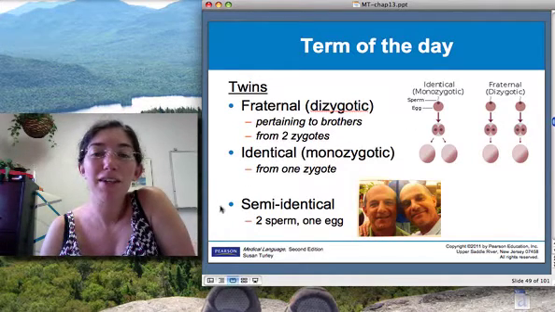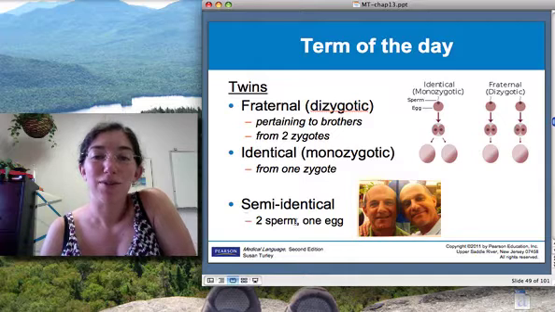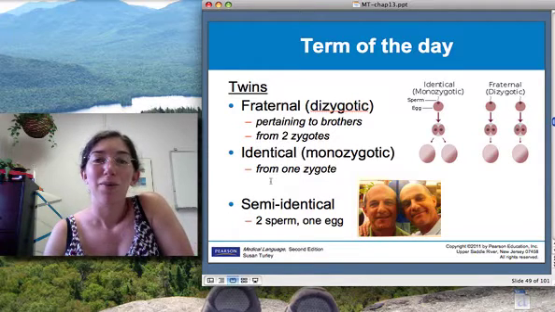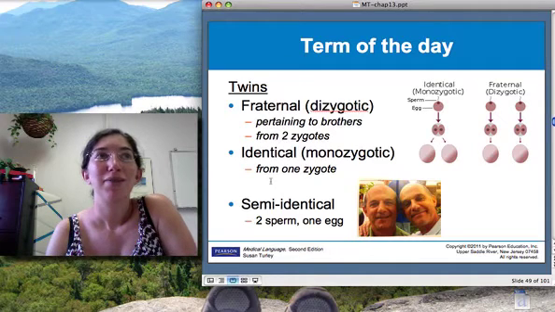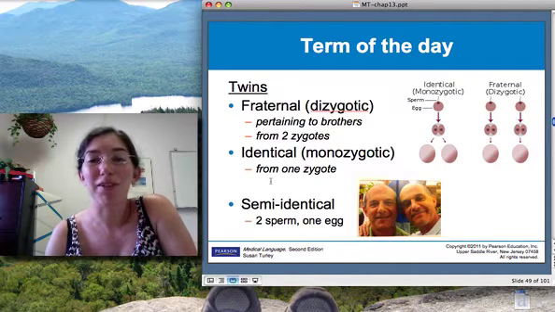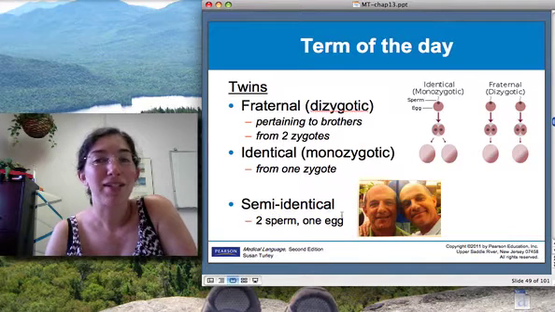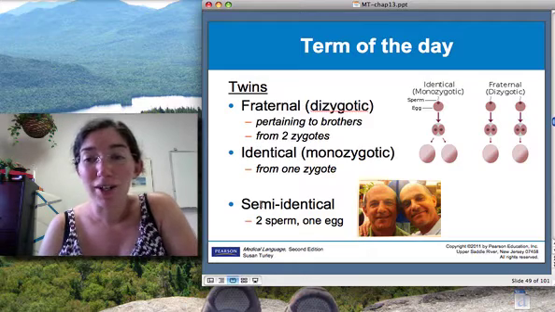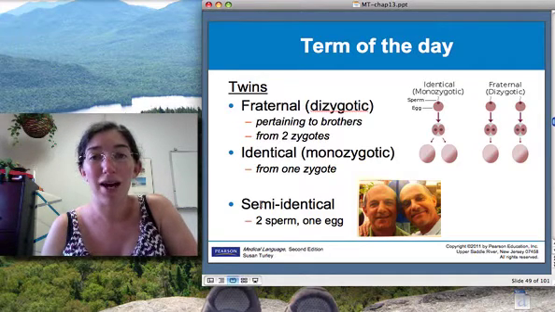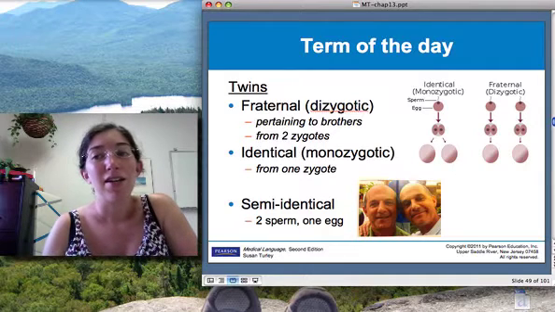So people were skeptical about the existence of semi-identical twins. But it's been genetically shown where you have two twins who have the same maternal DNA but different paternal DNA.